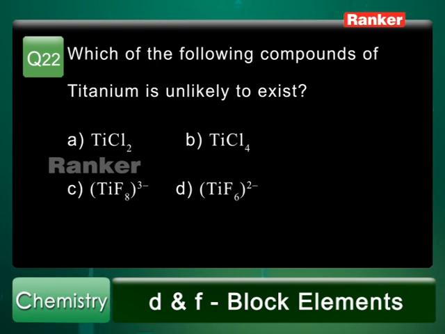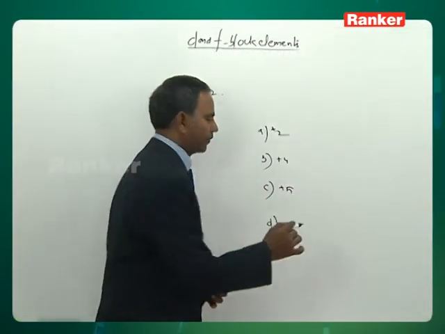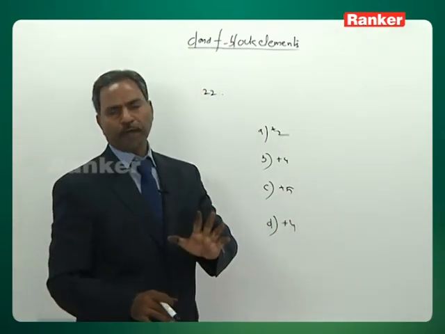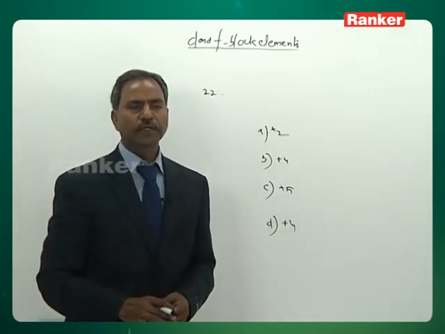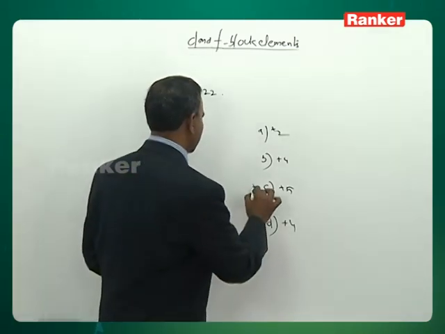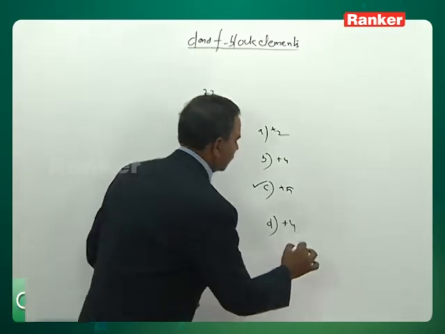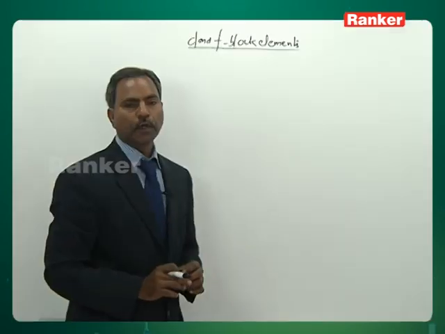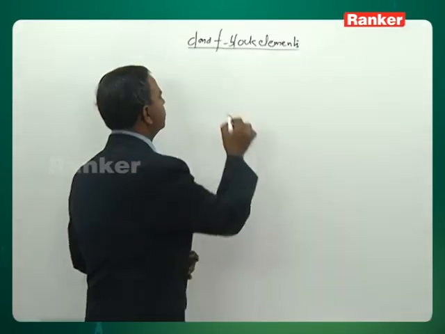Inside there are minus 6 charges, 2 charges overall, so it is again plus 4. But I said the maximum oxidation number possible for titanium is only plus 4. In the case of option C, it comes to be 5. Therefore, this is the correct answer. The answer is C. Coming to question number 23.